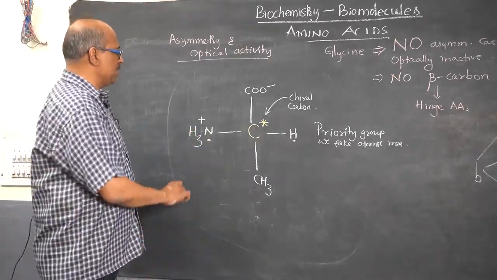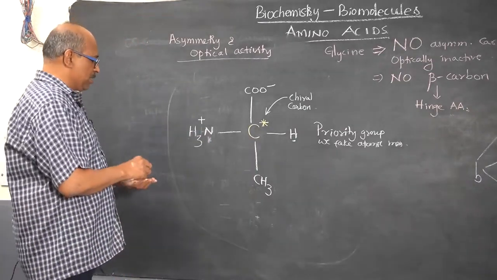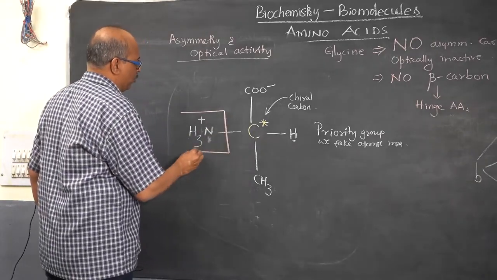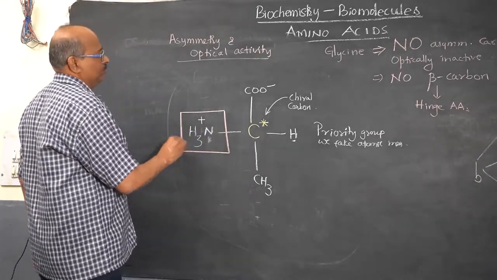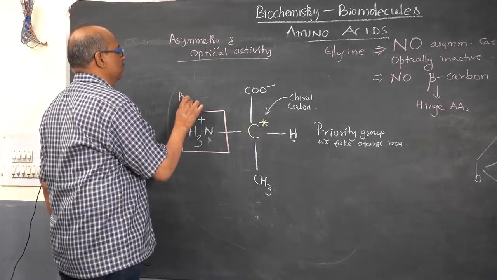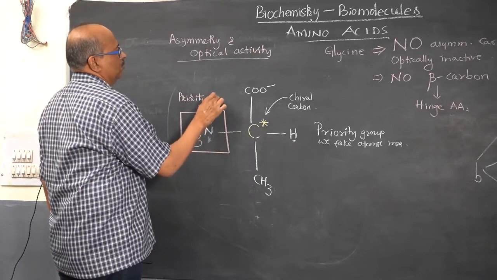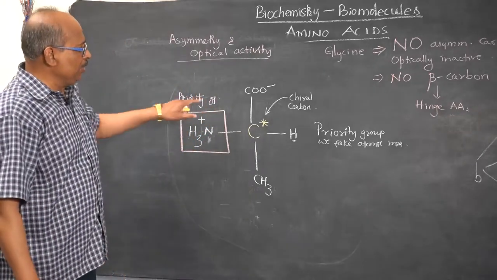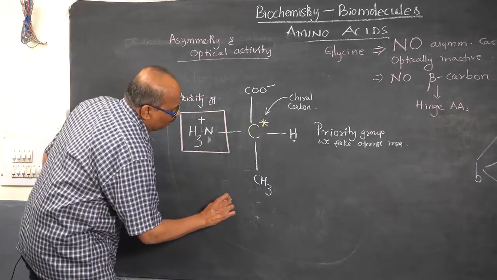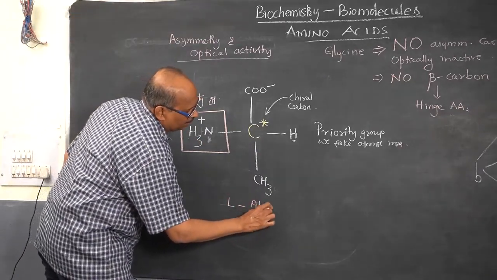Nitrogen atomic number is 7, atomic mass is 14. So that means this group will become the priority group. This priority group is located on the left side. So this will be called L-alanine.